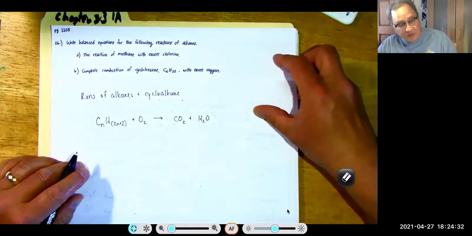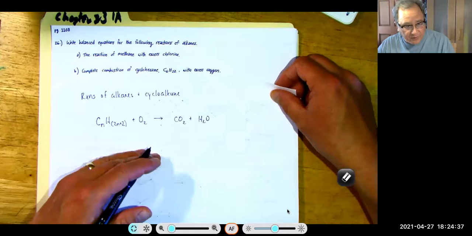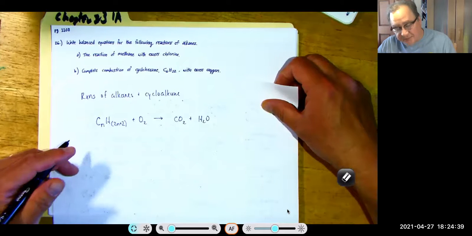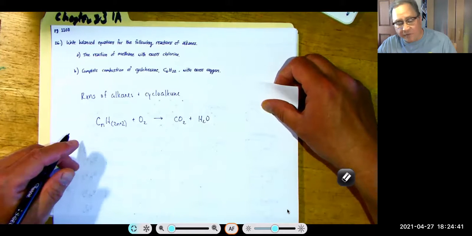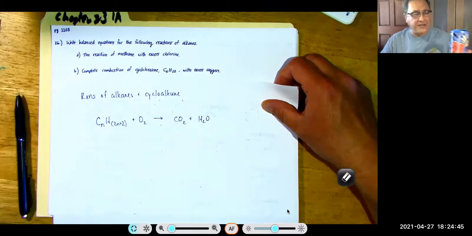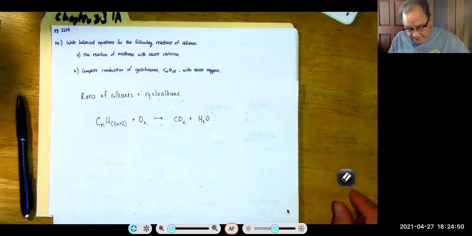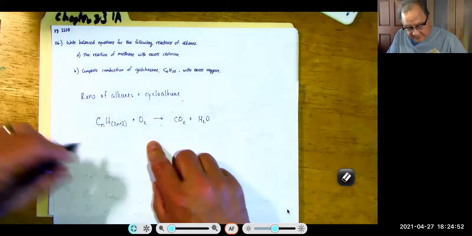So that's the reaction with oxygen. It's an oxidation reduction reaction, so it's a redox reaction. And specifically, it's a type of redox that's called combustion. You guys have heard of this reaction before, right? So this is combustion.